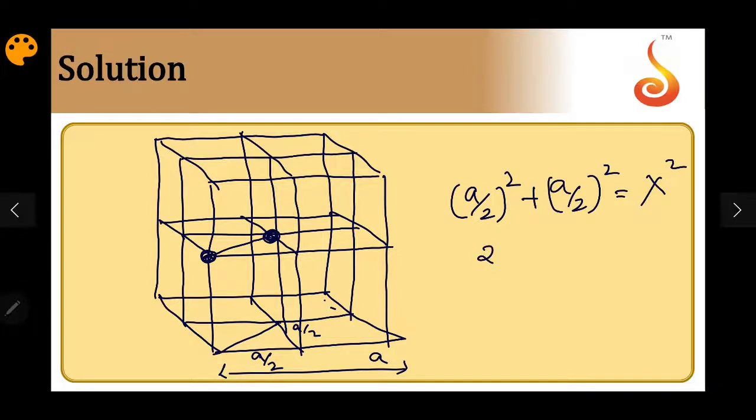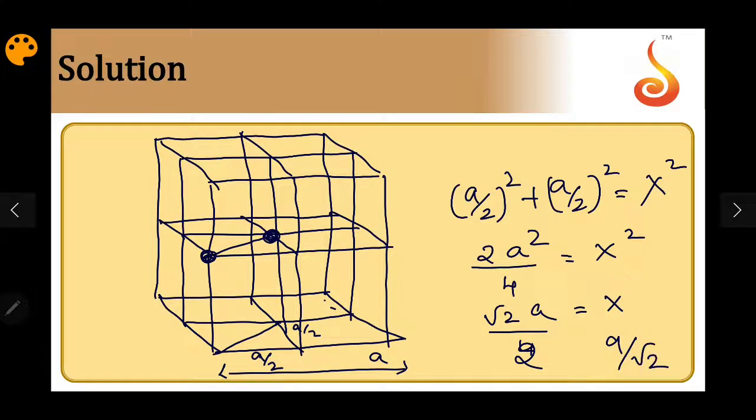So 2a squared by 4 is equal to x squared. So x is equal to root 2 a by 2, or I can write it as a by root 2. So that is the distance between two octahedral voids.